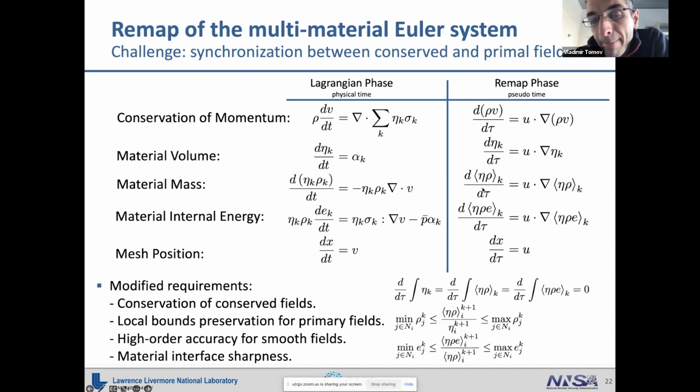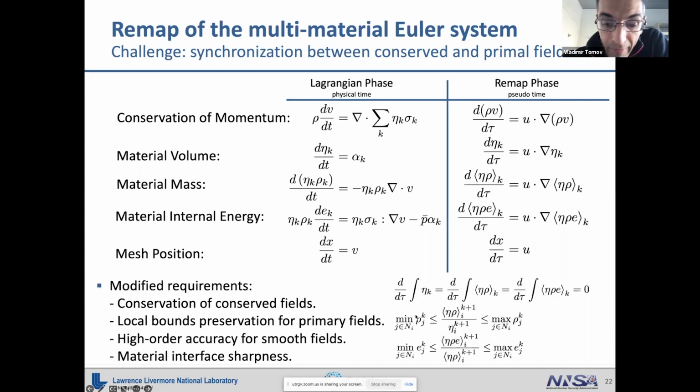So this is a big challenge. One needs to do conservation first. It comes from the formulation, but the problem is that the bounds preservation must be done for the primal fields, not the conserved fields. So once the volume fractions, for example, are remapped, one must take these ratios and bound the ratio instead of the field that's being remapped, things like that.